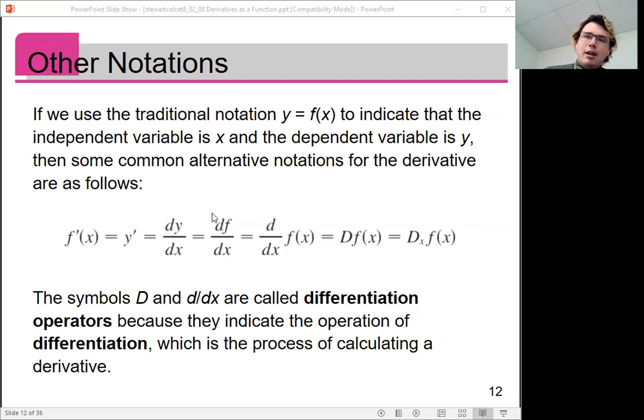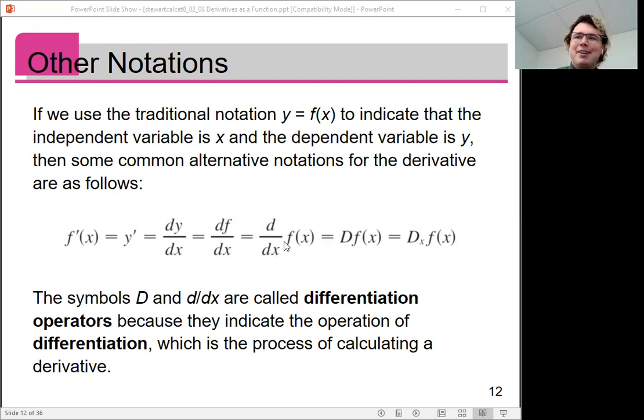Now, the next item here, d on dx, f of x. This is a little bit more precise. The f of x here is telling me that the function is called f, the variable is called x, and this symbol here is the differentiation operator.